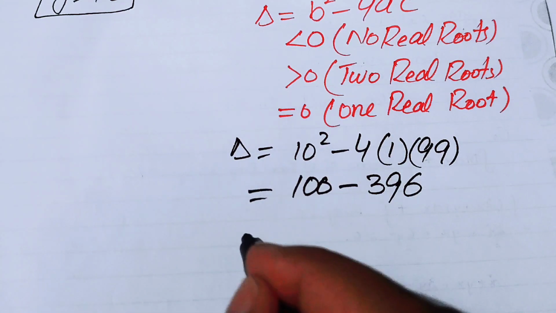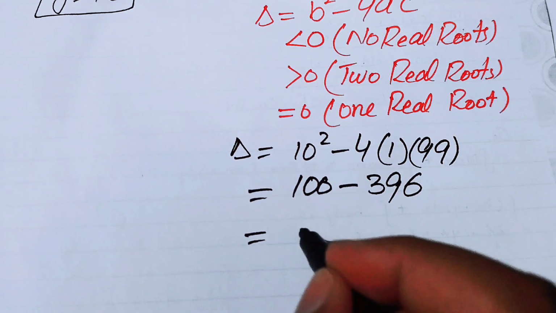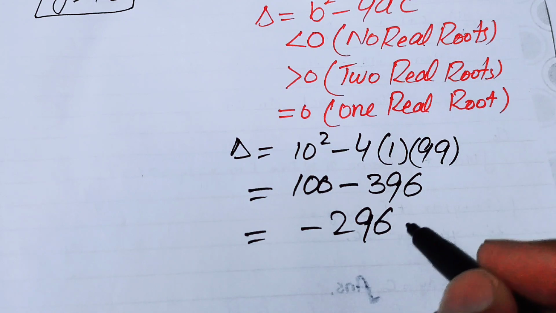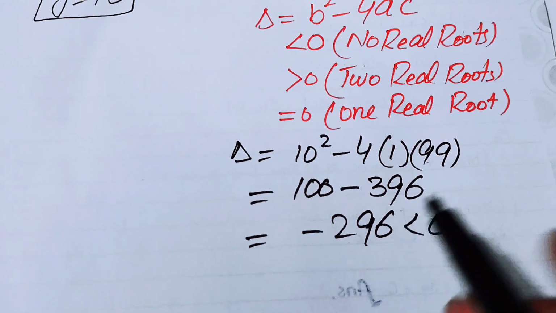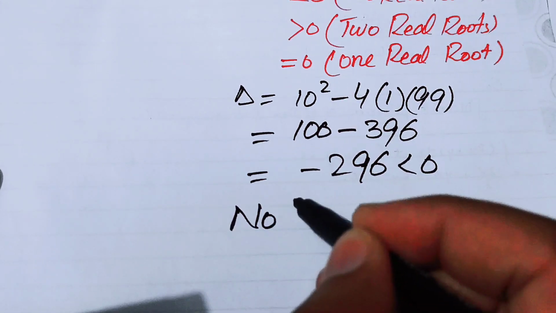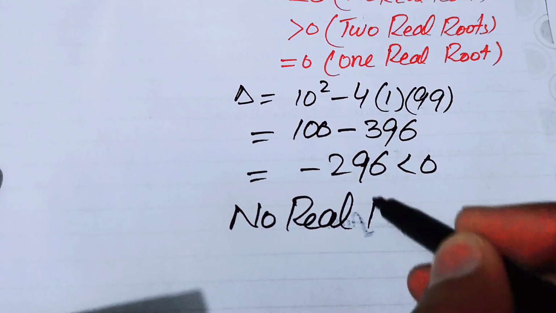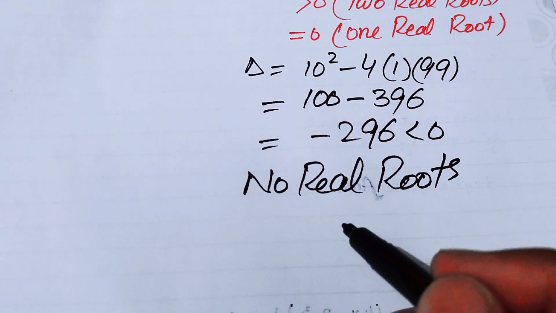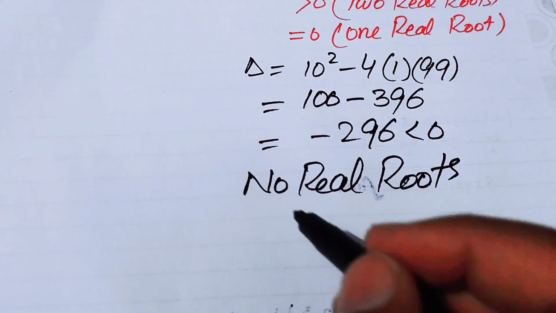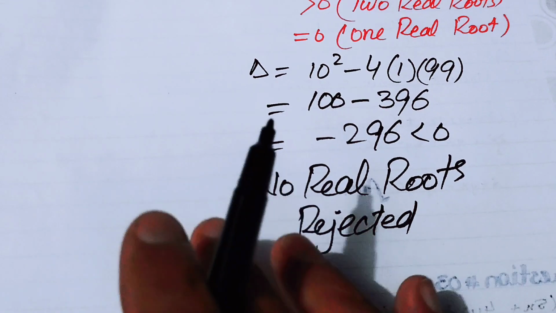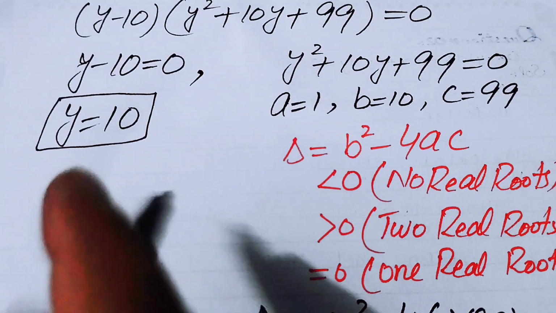So 100 - 396 = -296. It is less than 0, so it gives no real root. But in this question we need the real roots, so we reject this case, and we can proceed with this case only, y = 10.